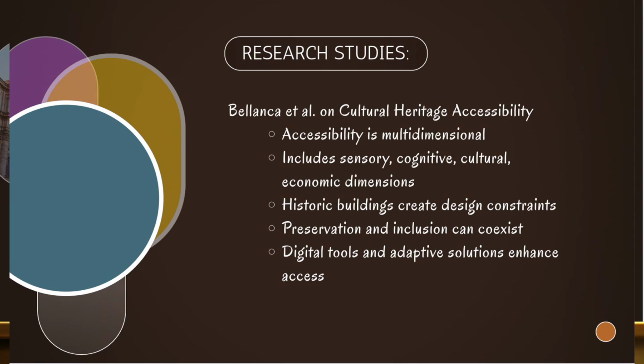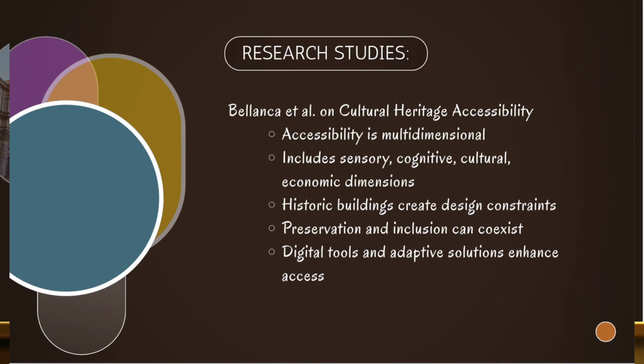In their paper, Accessibility of Cultural Heritage, Belanca and co-authors have argued that accessibility should be understood not merely as physical access but as a multidimensional concept that includes sensory, cognitive, cultural, and economic access. They highlight that many heritage sites, especially historic buildings, present structural and conservational challenges that complicate the implementation of accessibility measures.